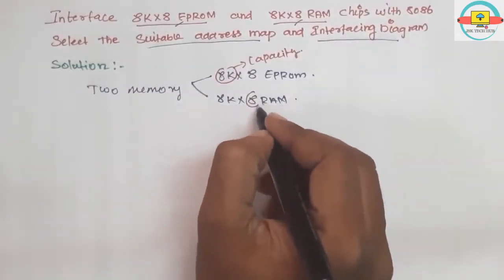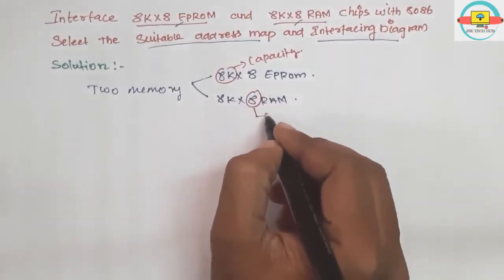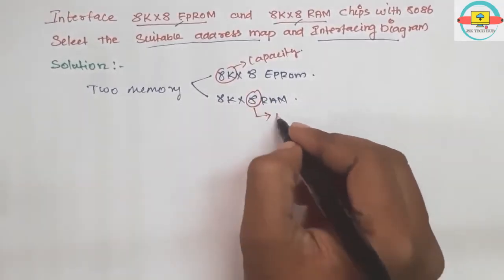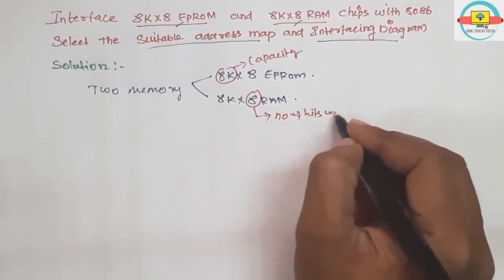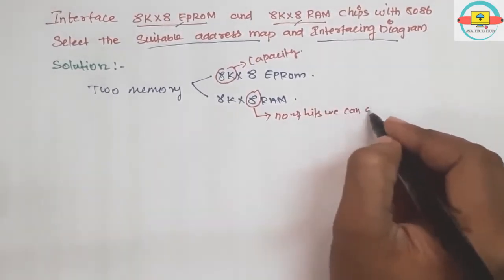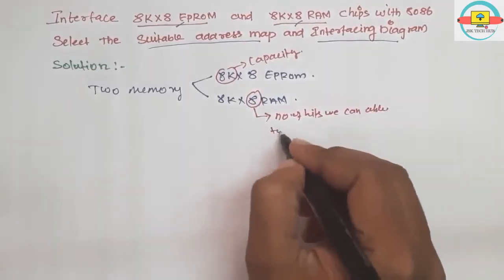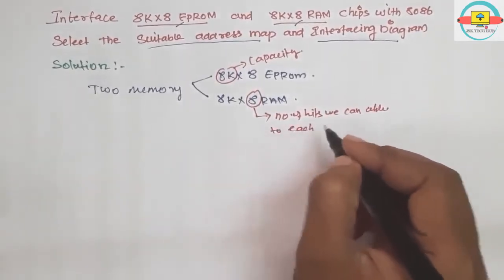This 8 represents the number of bits we can store in each memory location.